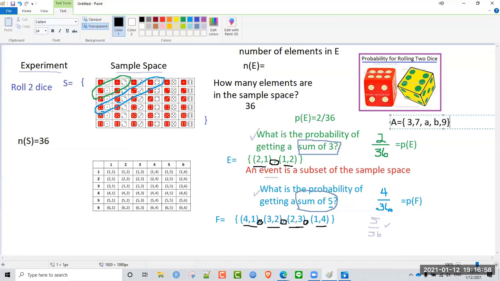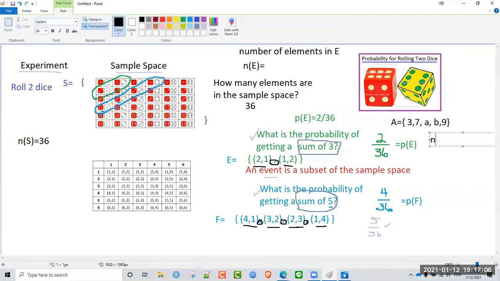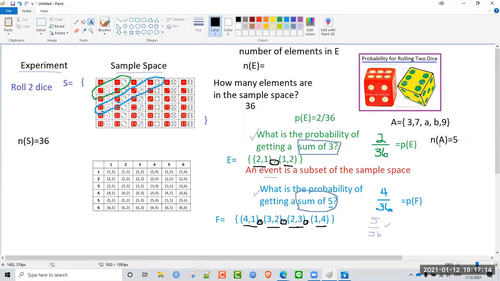How many elements are there in this A? 5. So we would say N of A, which just means the number of elements in A, is 5. Okay? So that symbol just means the number of elements.